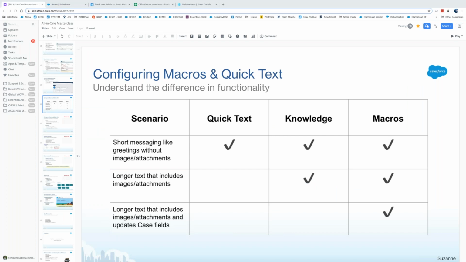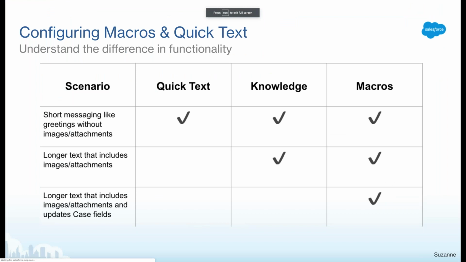All right, so a couple of things on what we're going to talk about. We still have a few topics to go, so I'll be covering macros and quick text. We'll talk about email setup.